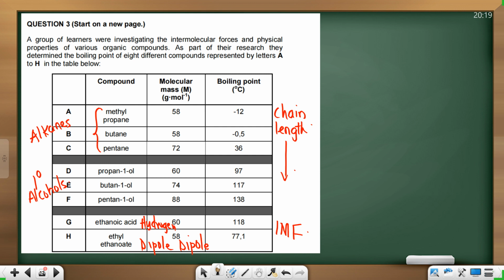Despite the fact. I want someone to try. What would your answer be? Remember what they asked us to refer to? I need someone to talk to me. You don't have to type. Refer to the structure, the intermolecular force, and the energy needed. We are comparing D and G. I have already answered this question.